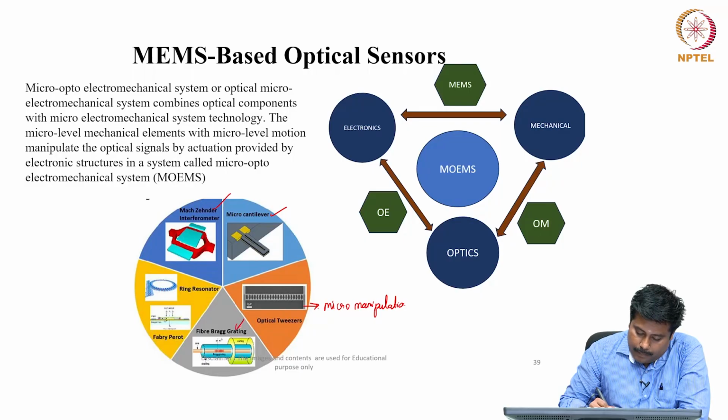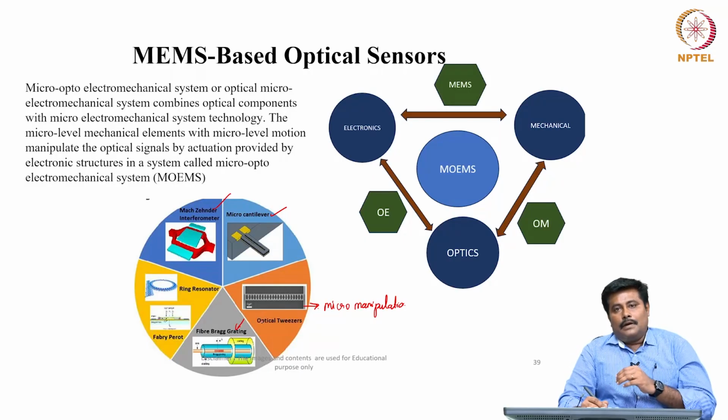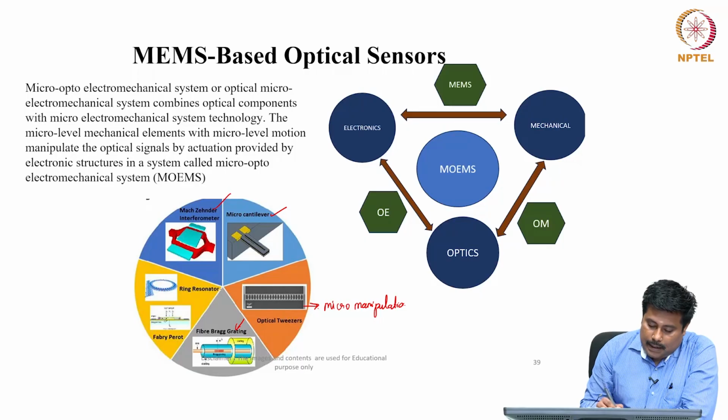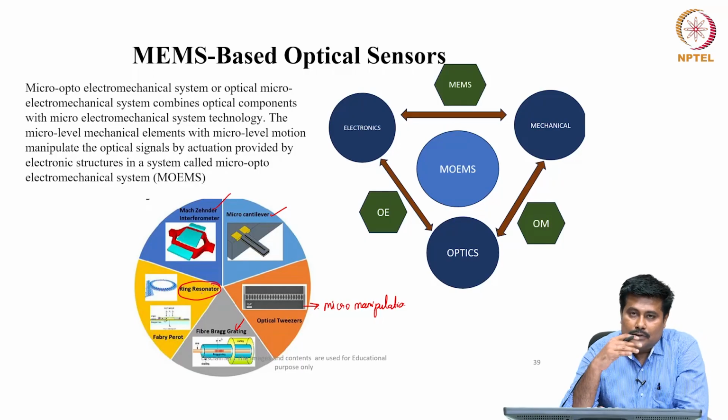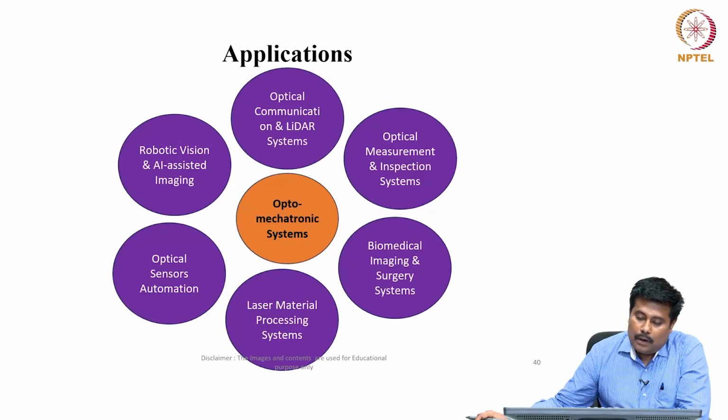Then we have a fiber Bragg grating. These fiber Bragg gratings are highly sensitive gratings which are used for different sensing related applications. Then there are ring resonators, whose main function is to sense as well as to generate high frequency systems. Let us go one by one.